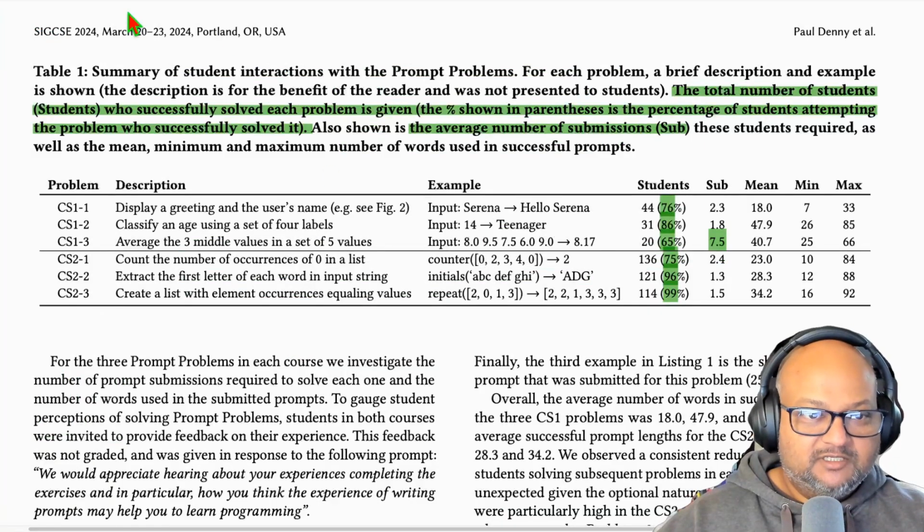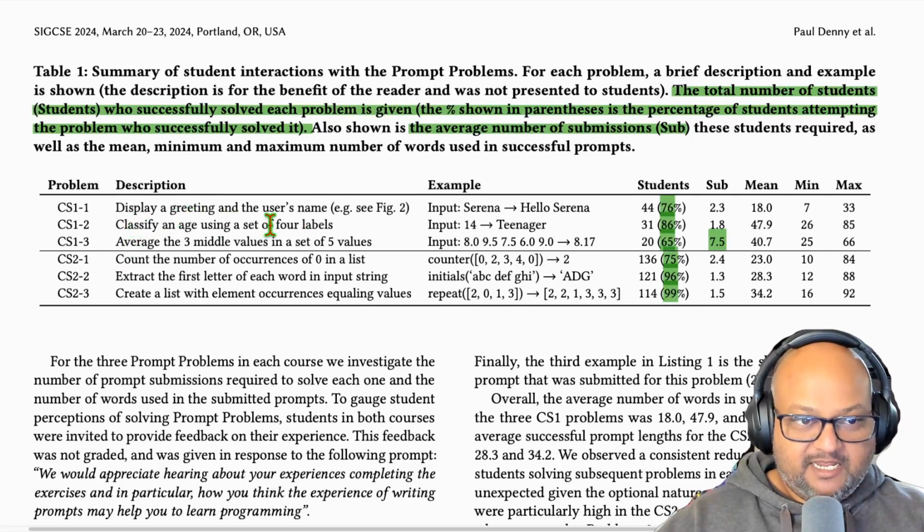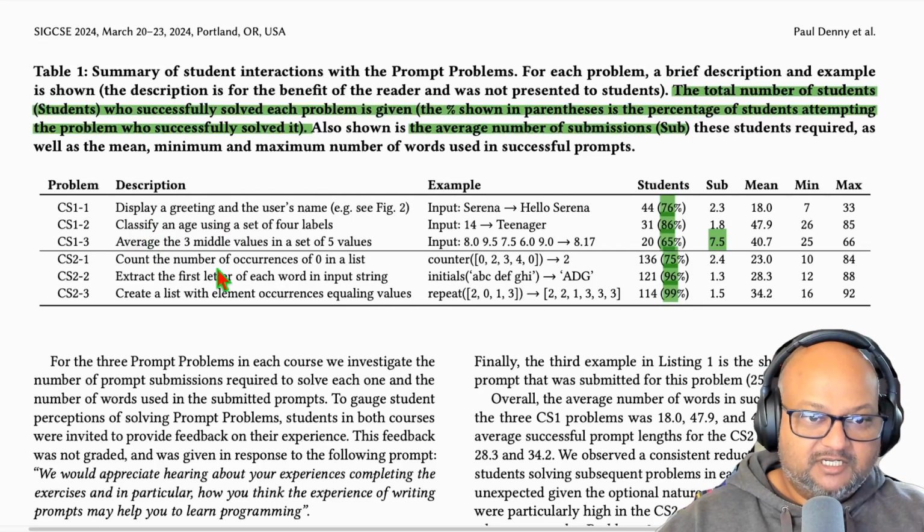And this table summarizes what they found. You can see the problems that they tried over here, which ones were tried in CS1, and which ones were tried in CS2. And these are relatively simple problems. Classify an age using a set of labels, average the 3 middle values in a set of 5 values, and so on.